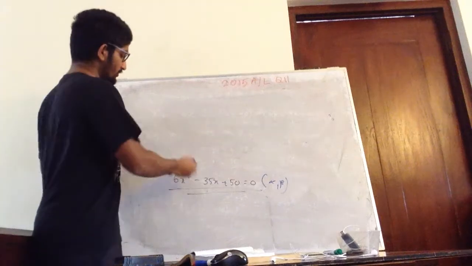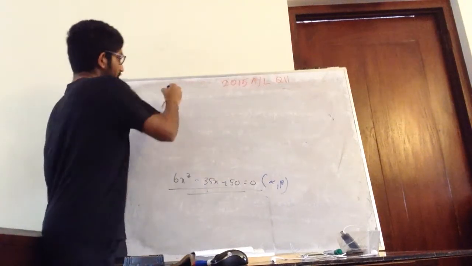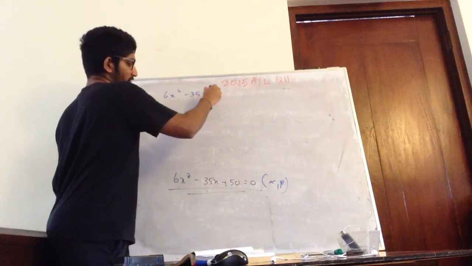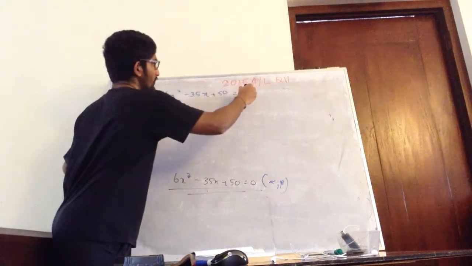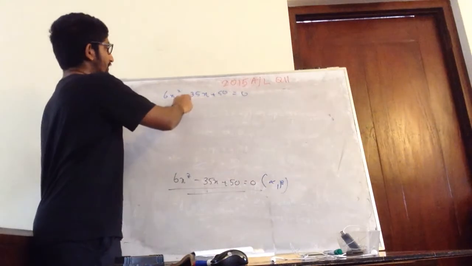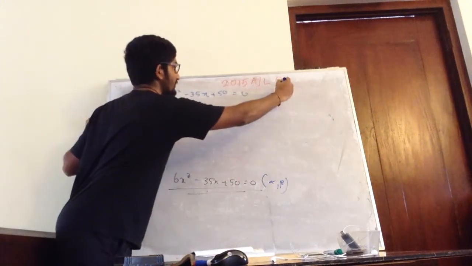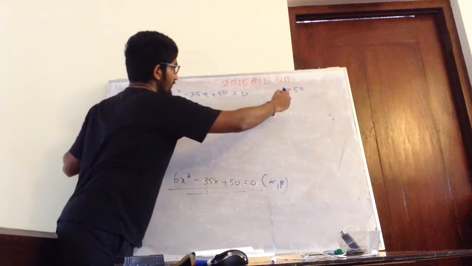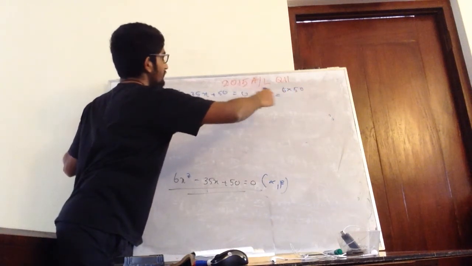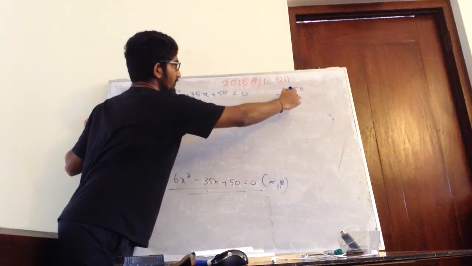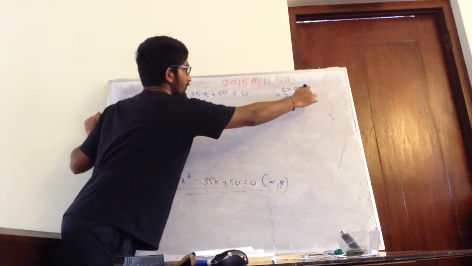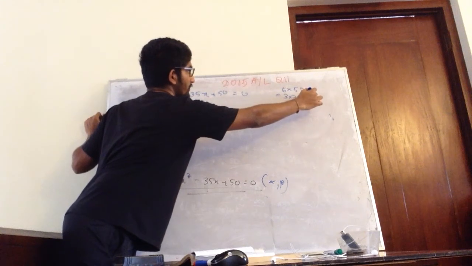Okay, so then let's find this alpha and beta. So now I am going to write this down: 6x squared minus 35x plus 50. So I am going to see how we can split this 35. So 6 times 50 can be written as 3 times 2 into 5 times 10.